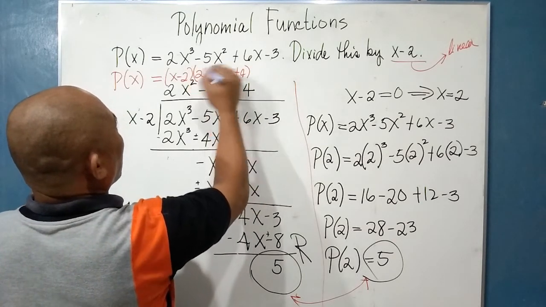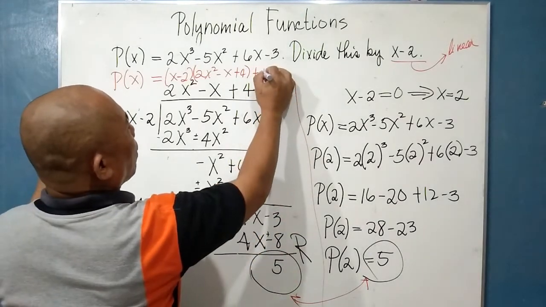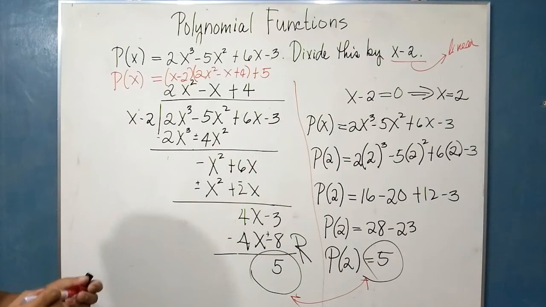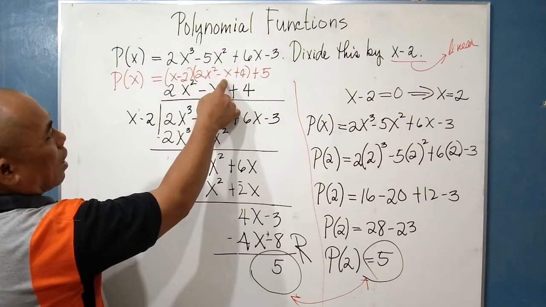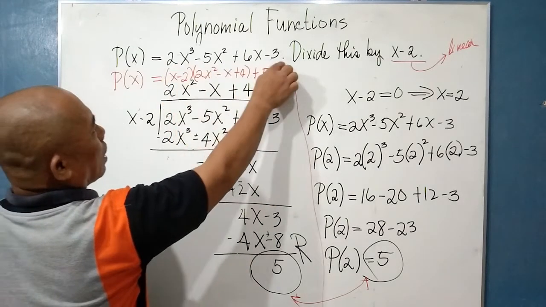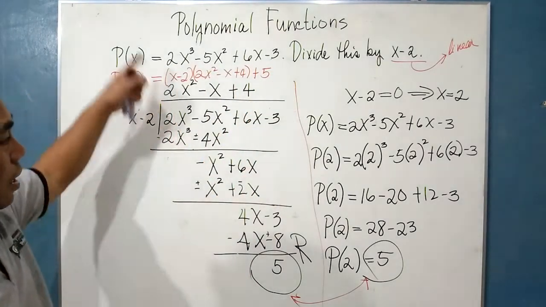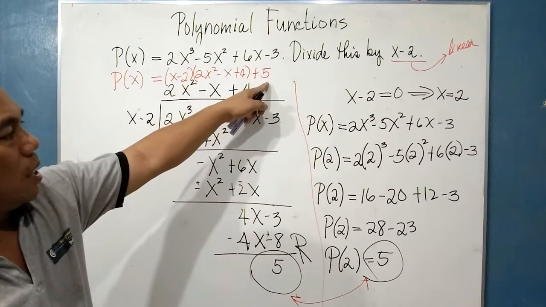Kana siya plus 5. So kung i-multiply nimo ni sila, ay i-add ang 5, mogawas ni siya. Dinhi sa ato ang longhand method, mao ni ang iyahang meaning.